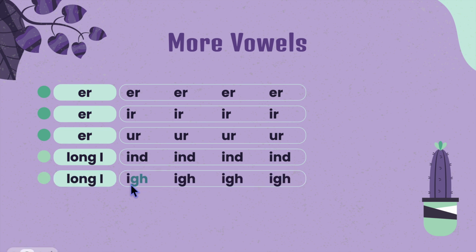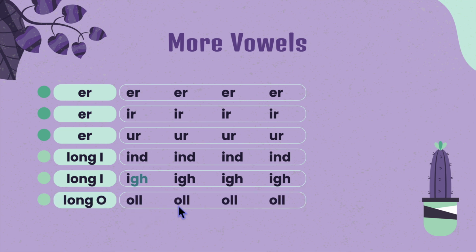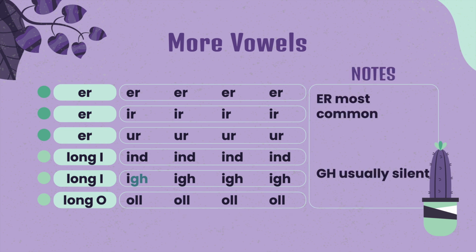This also has a long I sound, and the G and H are silent. So this is I. And this has a long O sound. Ol. Of the three spellings of ER, ER is by far the most common. In English words, when you have G and H together, they are usually silent.